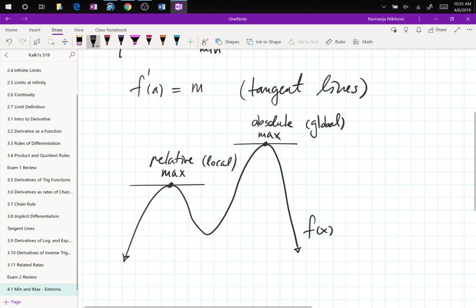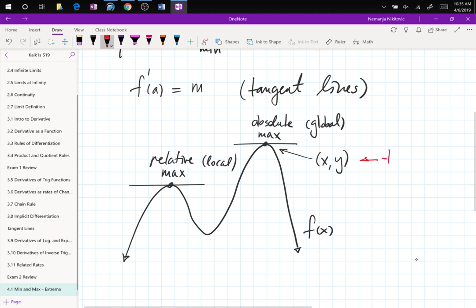Now, every time you have a min or a max point, you have some ordered pair x, y. And for a maximum to be an absolute maximum, the y value has to be the absolutely highest y value of all points in the domain.